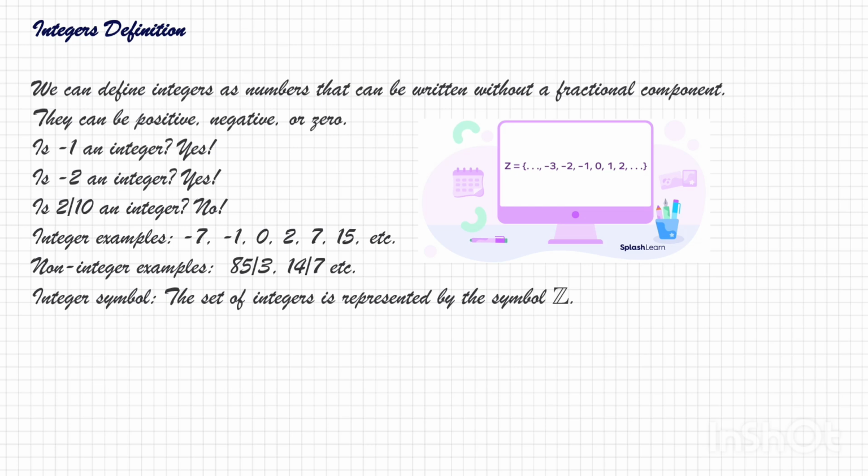No. Integer examples: -7, -1, 0, 2, 7, 15, and so on. Non-integer examples: 85 by 3, 14 by 7, and so on. Integer symbol. The set of integers is represented by the symbol Z.